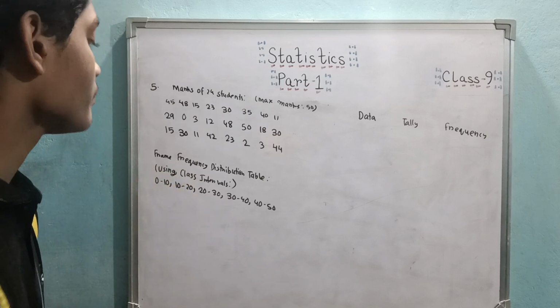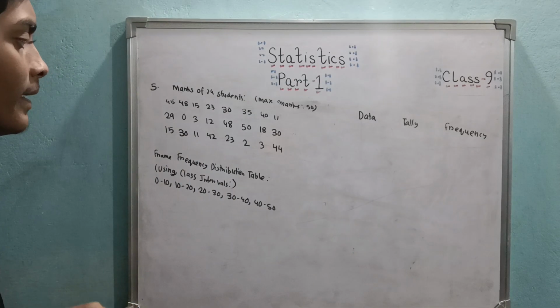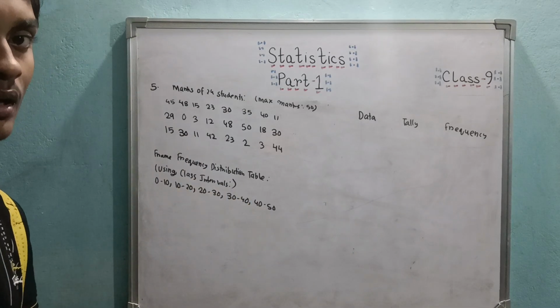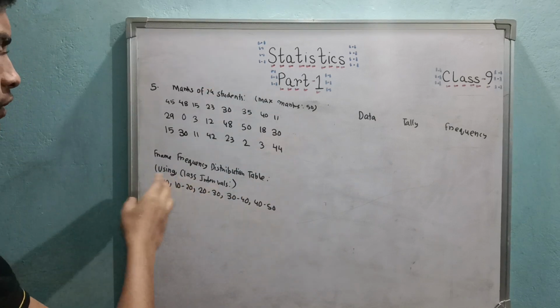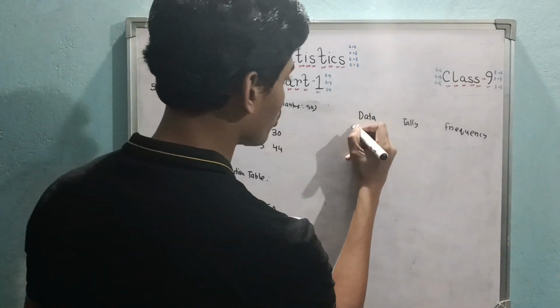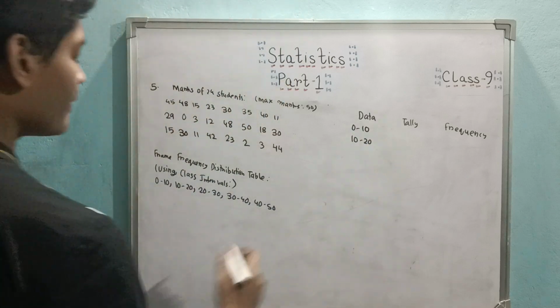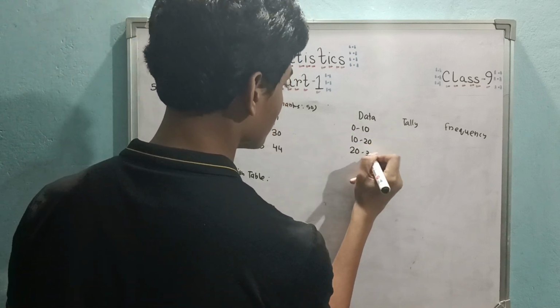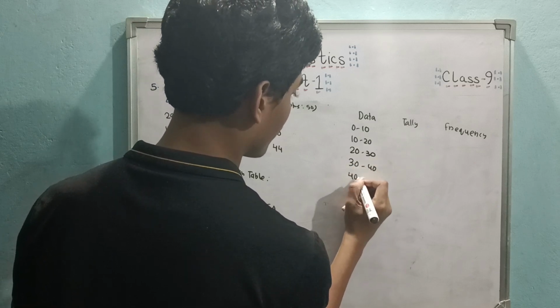So our data will be these class intervals, because you take the numbers in ranges. Let me write our given data: 0 to 10, 10 to 20, 20 to 30, 30 to 40, 40 to 50.